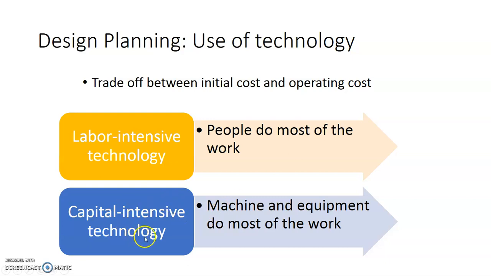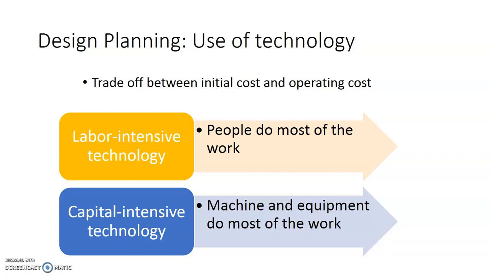In capital-intensive technology, the machines and equipment do most of the work. For example, in agricultural countries like Malaysia, India, or Thailand, you can see many people working in the field, not so many machines. But in capital-intensive, the machines and equipment do most of the work. It is a trade-off.